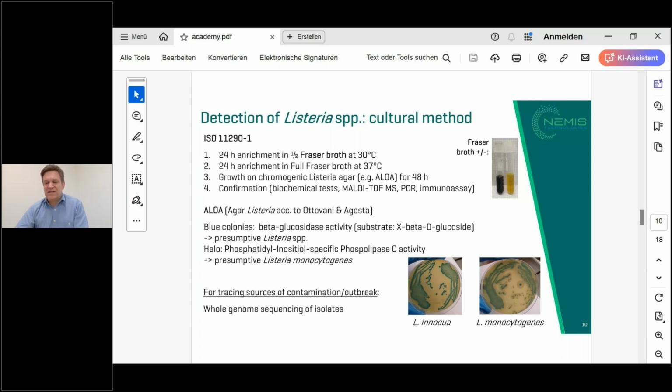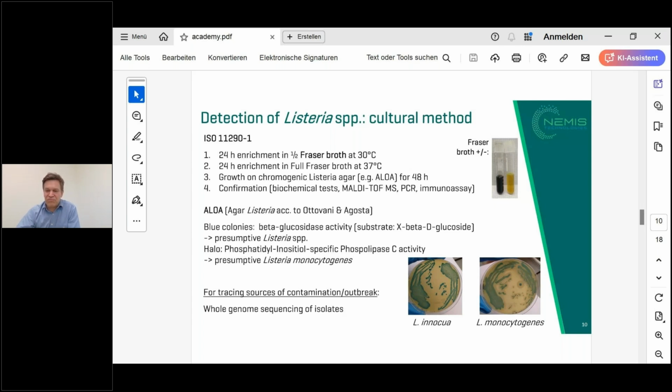And on the right, you see such tubes from the Fraser enrichment. Often if there's Listeria growing, but also if other organisms are, you will have such a typical black coloration, which comes from beta-glucosidase activity. There's a certain compound which is degraded and then reacts with iron ions and gives this black coloration.